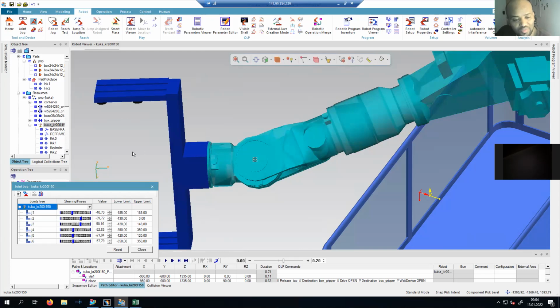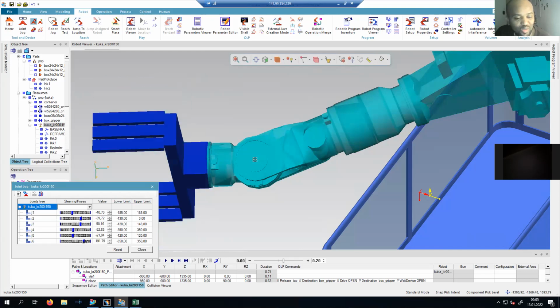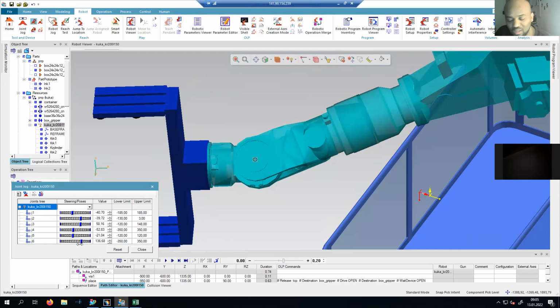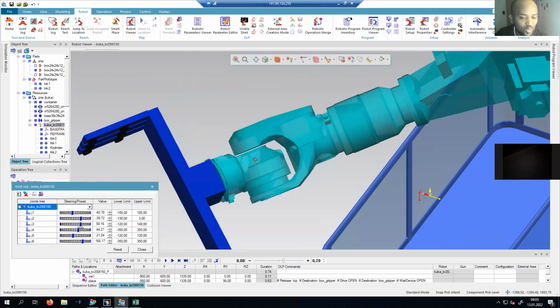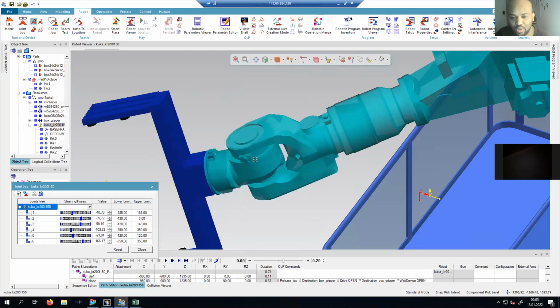For example, if you have to manipulate a large object, joint 6 couldn't make the operation because it has low power and less rigidity. So this one makes sense because it is more rigid.